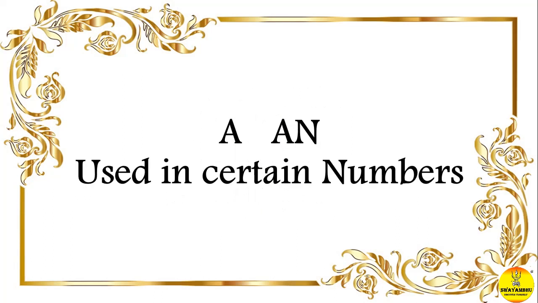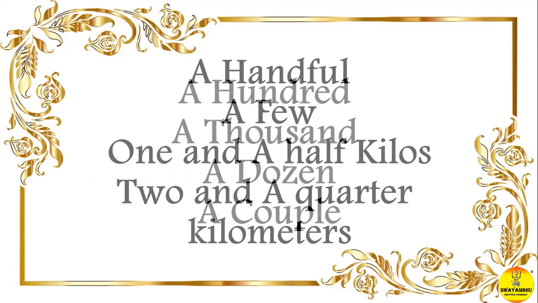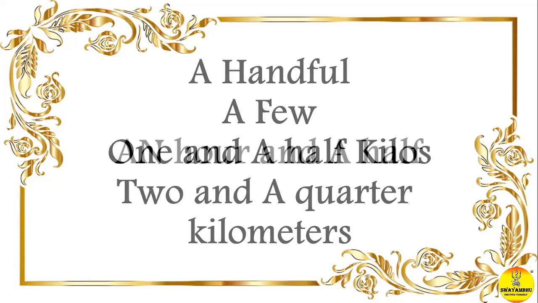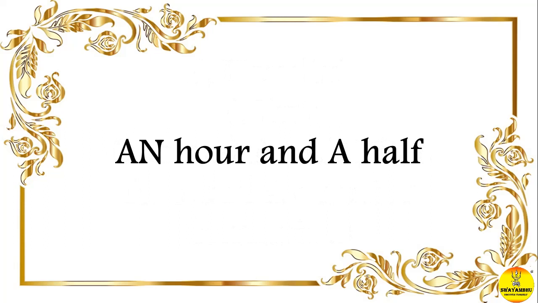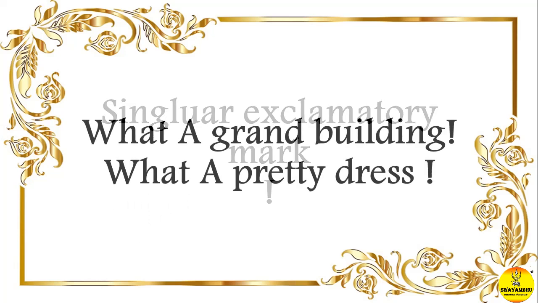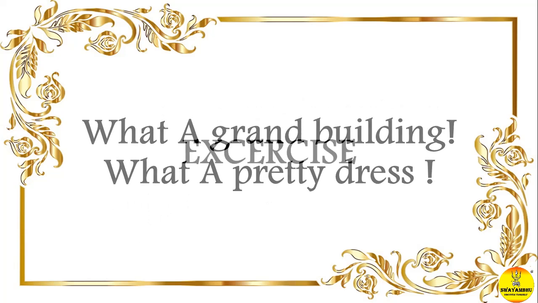With certain numbers: a 100, a 1,000, a dozen, a couple, a handful, a few, 1.5 kilos, 2.25 kilometers, an hour and a half. And with a singular exclamatory mark. Listen here, it's a singular exclamatory mark: What a grand building! What a pretty dress!